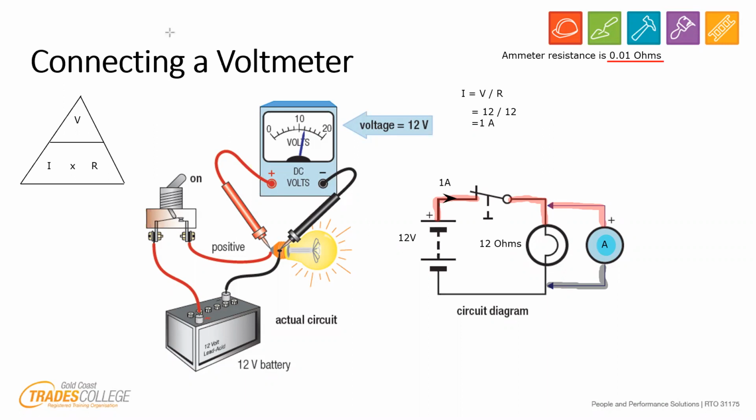What it means for us is that the current is going to, let's draw the current in orange. Why not? So the current is going to leave there. It's going to come across there.